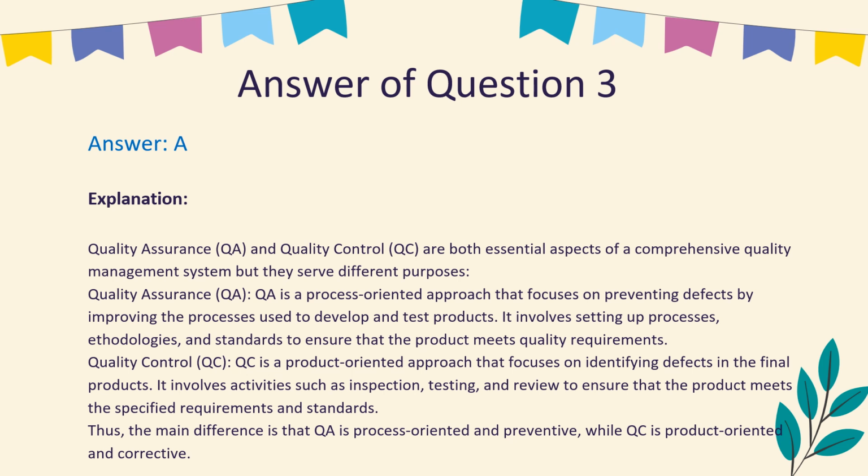Quality control, QC. QC is a product-oriented approach that focuses on identifying defects in the final products. It involves activities such as inspection, testing, and review to ensure that the product meets the specified requirements and standards. Thus, the main difference is that QA is process-oriented and preventive, while QC is product-oriented and corrective.